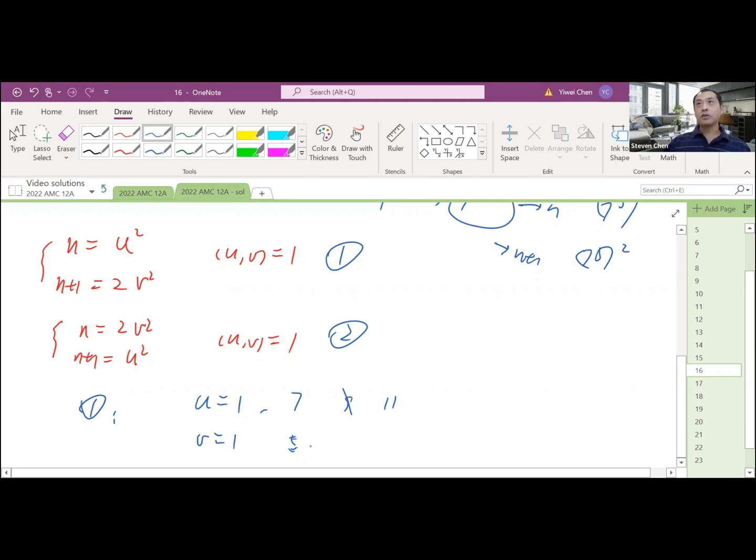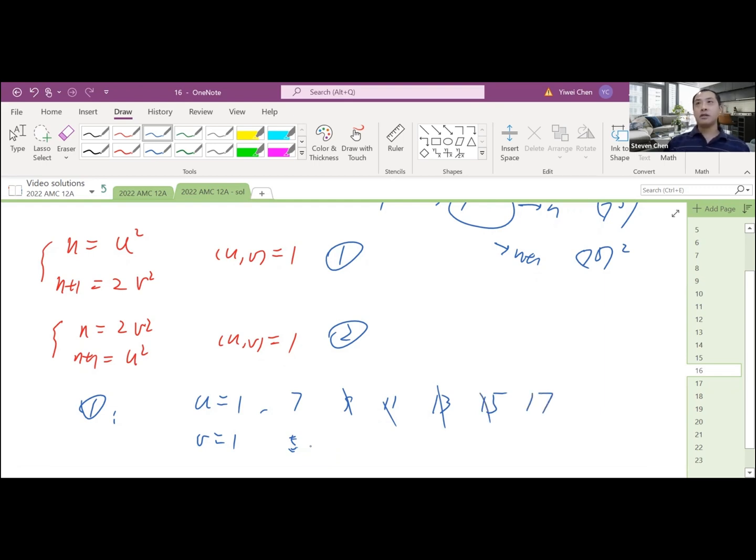Then n is 121, so n plus 1 is 122. Its half is 61. It's not good. 13. So n is 169. n plus 1 is 170. Its half is 85. It's not a perfect square. 15. n is 225. n plus 1 is 226. Its half is 113. It's not good.